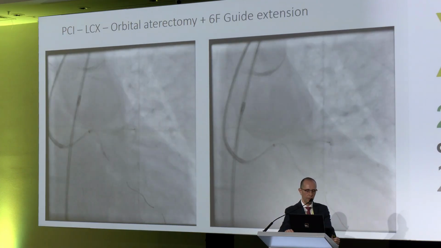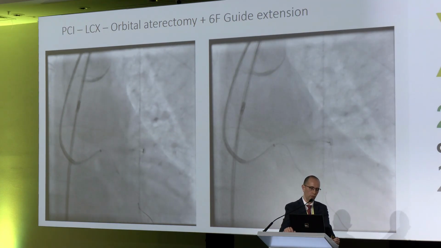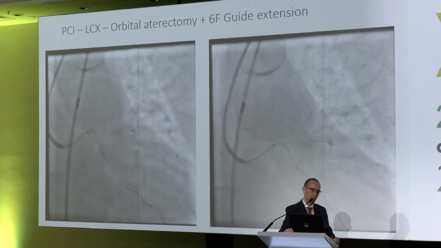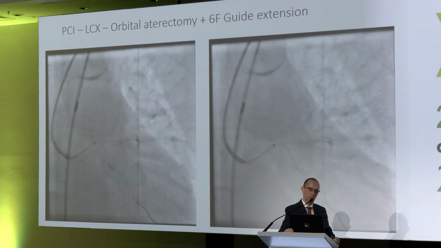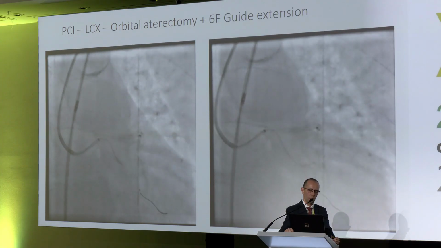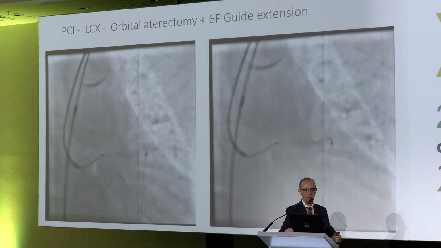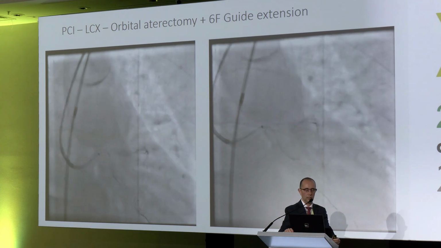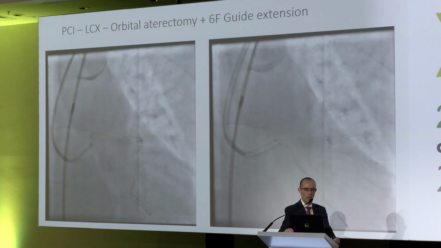And then we moved to the next artery. This was the circ. We used a guide extension to separate the wires, LAD to the circ. Again, we managed to put the orbital atherectomy device distal to the stenosis and give some retrograde, and in this case some antegrade runs.